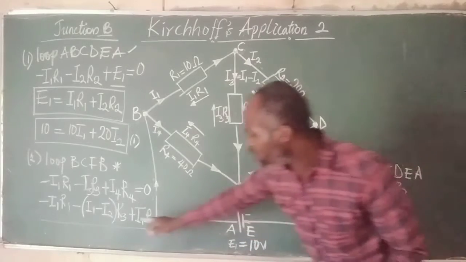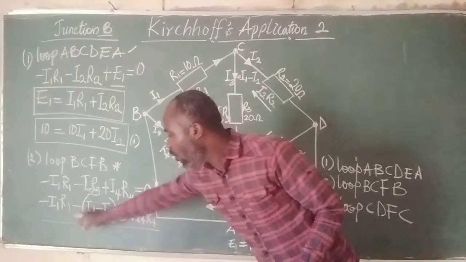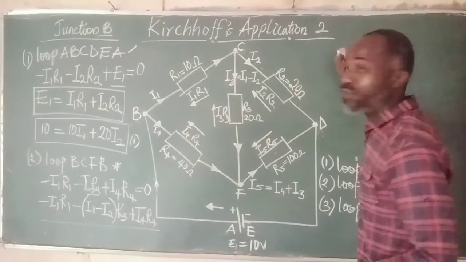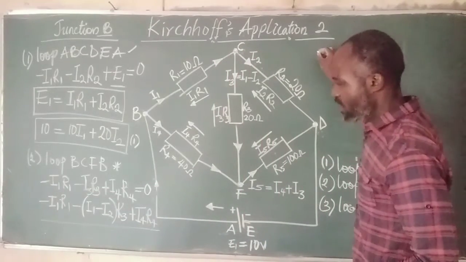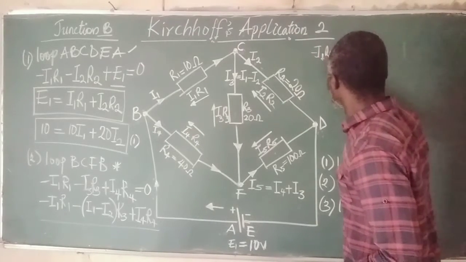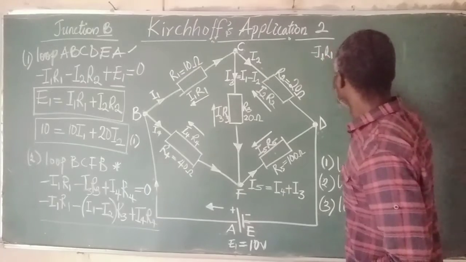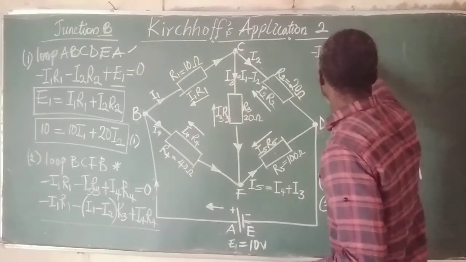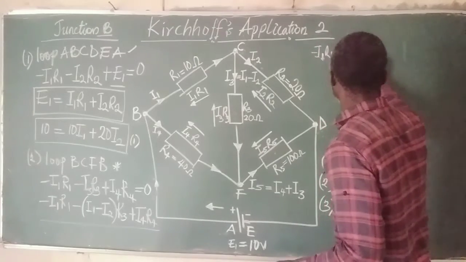What we need to do is to use R3, open the brackets, and then see what happens. So if we do that, at this point we have minus I1 R1, minus R3 multiplying this is going to give I1 R3, good.